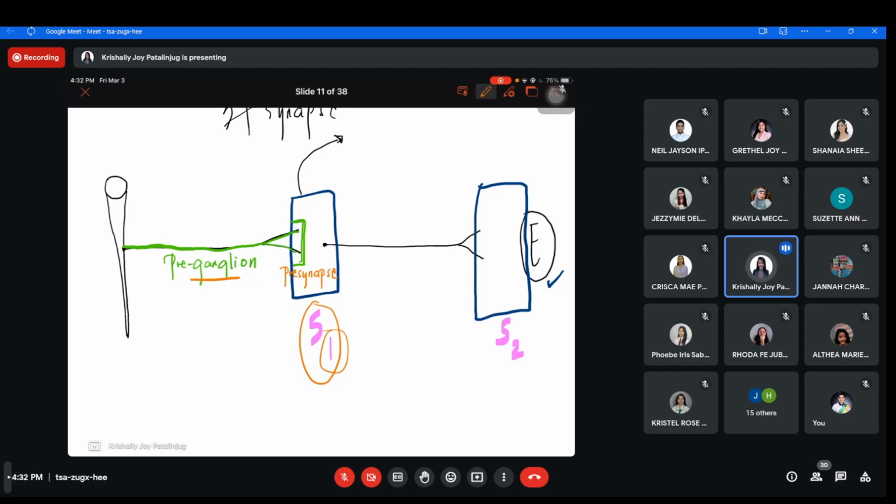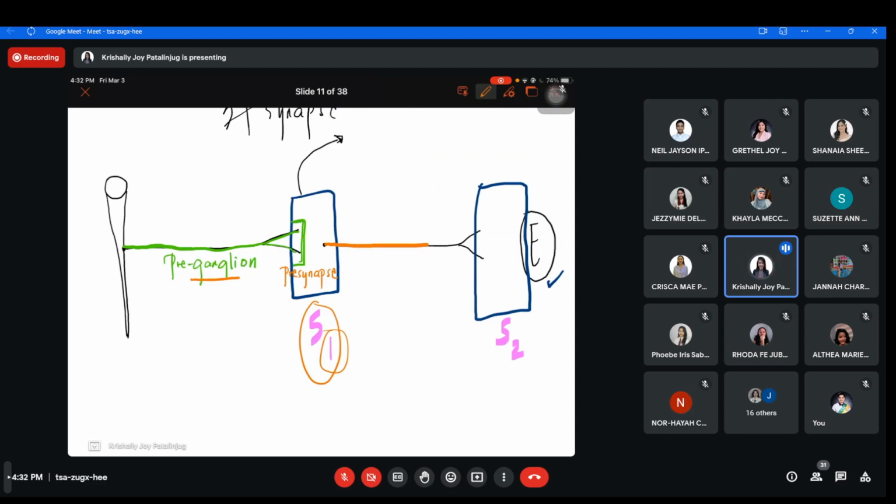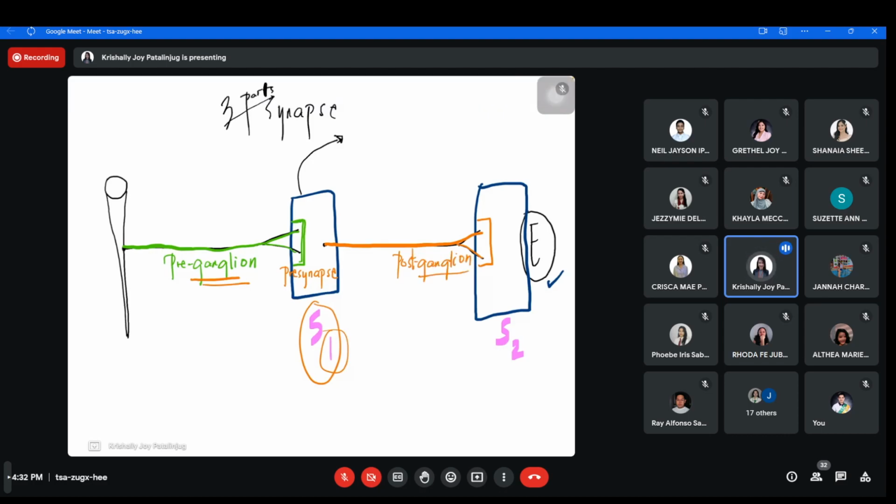Whereas in synapse 2, in another color, orange, the presynapse will be the end portion of the postganglion. Okay, why am I emphasizing this?